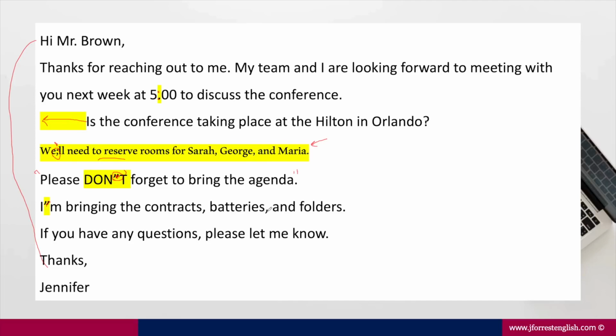But remember, I can get rid of the comma and it would be fine. Batteries and folders. Now, my advice to you is be consistent in one single email. So if this line, you're going to use a comma, well then in this line, you should also use a comma because they're so close together and your formatting should be consistent, okay? But they are both correct.